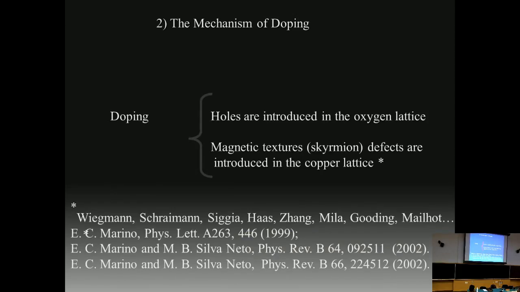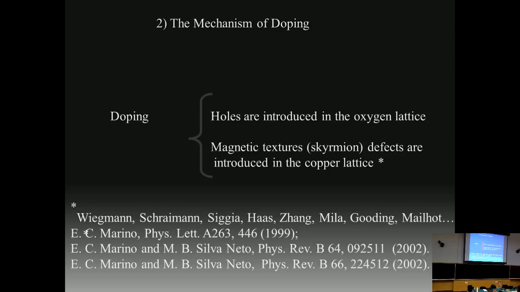So let's start by reviewing the mechanism of doping that you all know, but it's important to remember because it's crucial. As we dope, we introduce holes in the oxygen lattice. So the oxygen, which had 2 electrons per site, starts to have some holes.